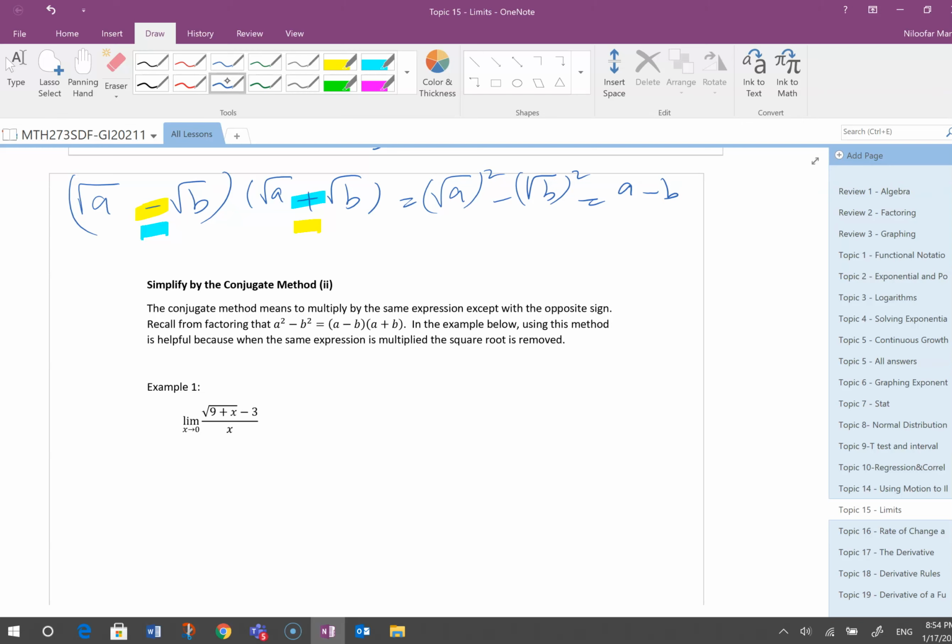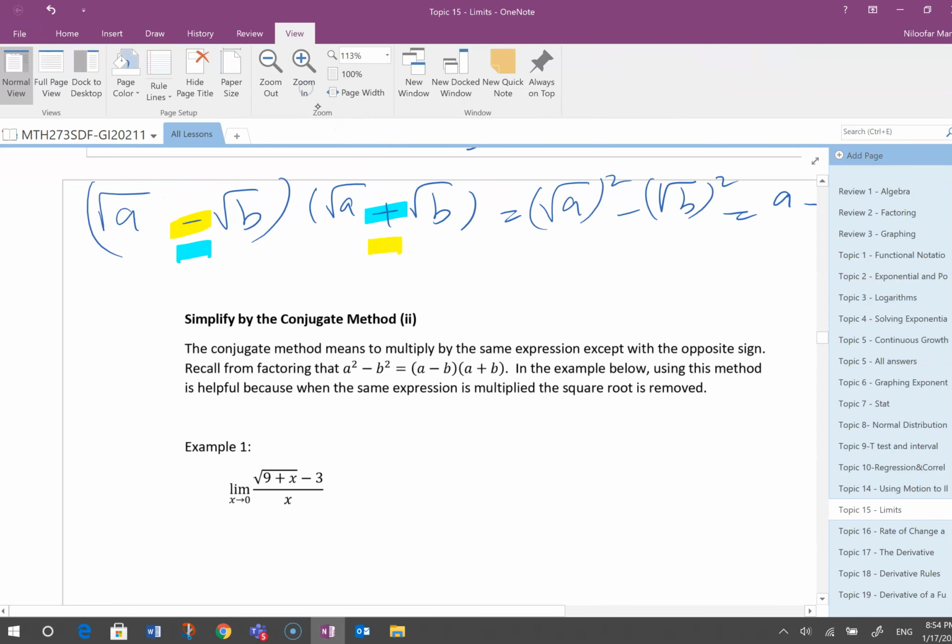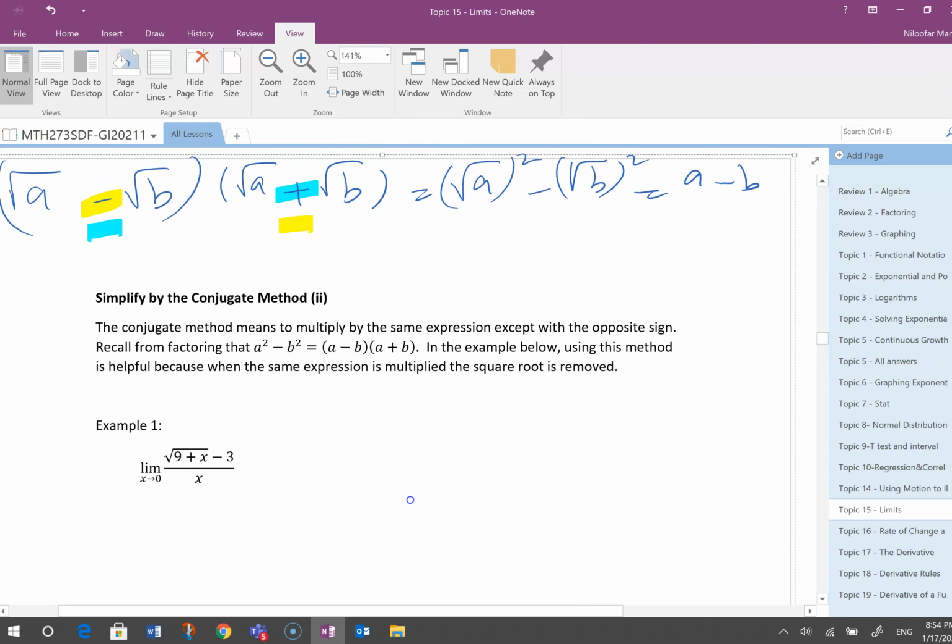Remember, first I substitute the number in the limit, and if the answer is a real number, then I don't even need to think about these things. Okay, so I substitute 0.